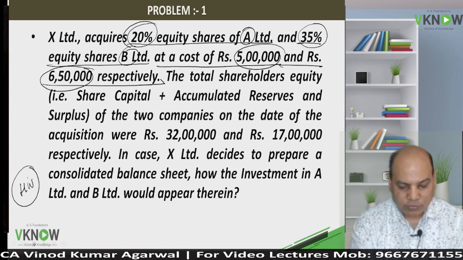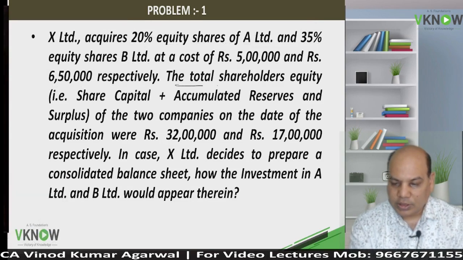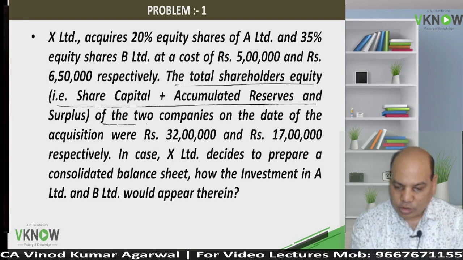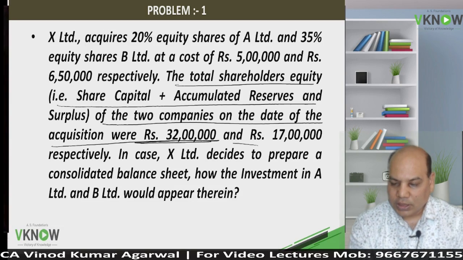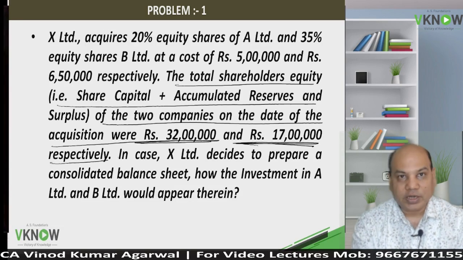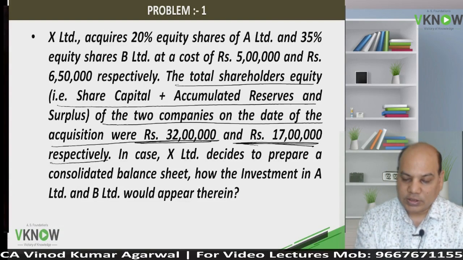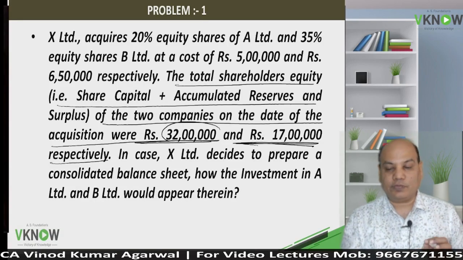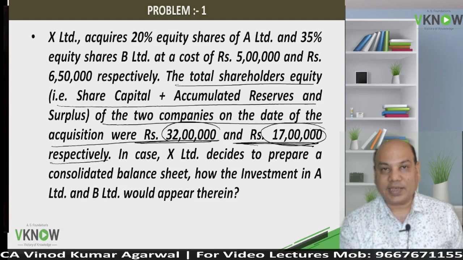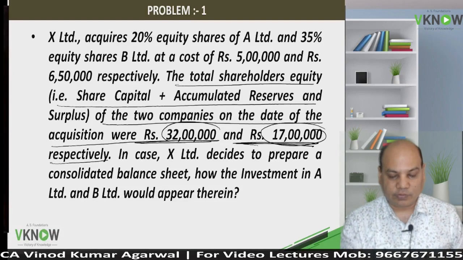Now they are saying the total accumulated share capital and reserve of the two companies were 32 lakh and 17 lakh respectively. So why is this given? This is given for computing goodwill or capital reserve on the date of acquisition.